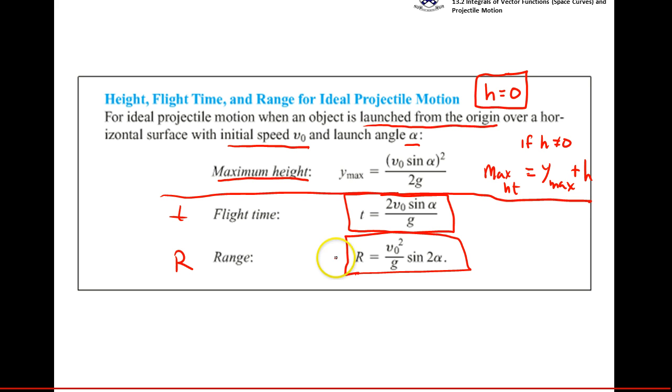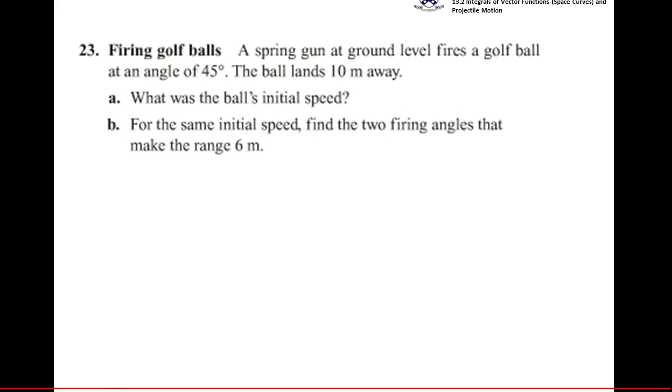So let's take the next slide. We're going to be firing golf balls. This is a question from the textbook. A spring gun at ground level fires a golf ball at an angle of 45 degrees. So that tells us that alpha in those formulas is 45 degrees. Since it's ground level, h is 0, and we can use all the formulas.